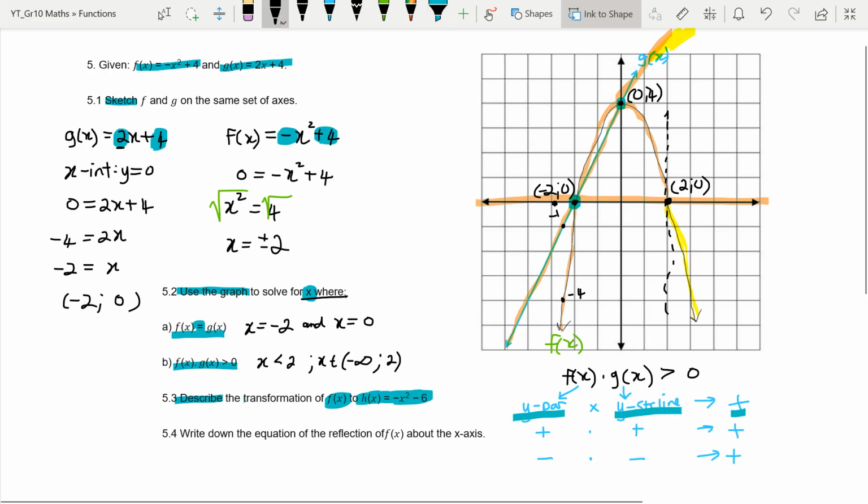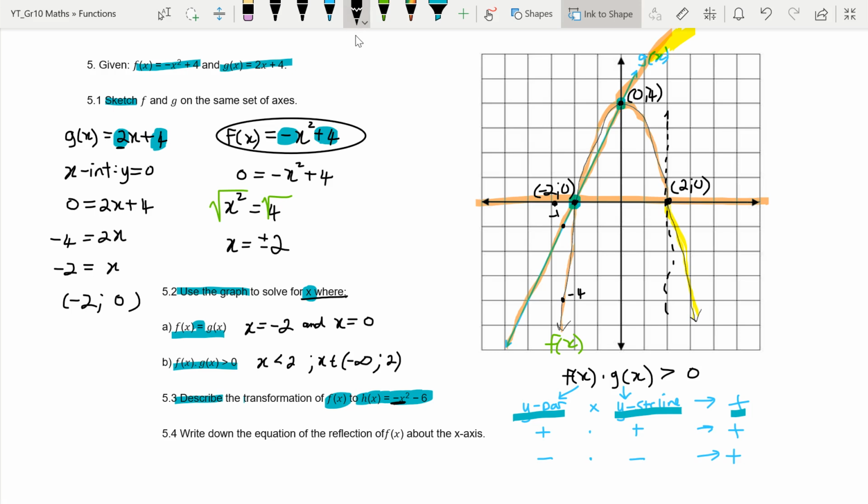So let's compare them. For f of x, we've got negative x squared. So that is still the same. So our a value didn't change. So it is still a sad face, and it's not narrower or wider. But it changed from cutting the y-axis by +4 to cutting the y-axis by -6.